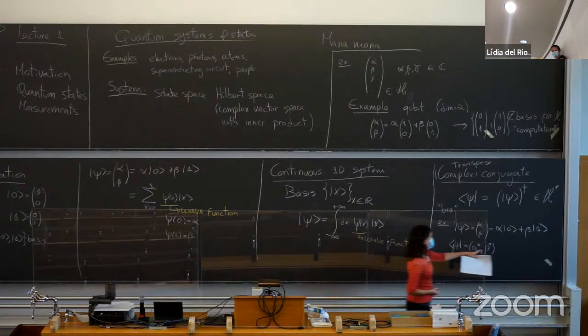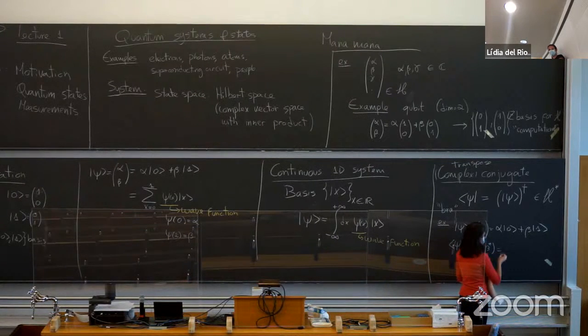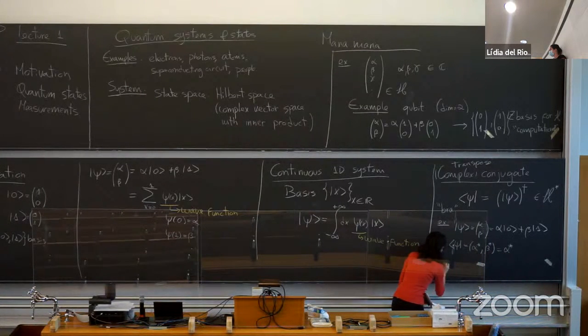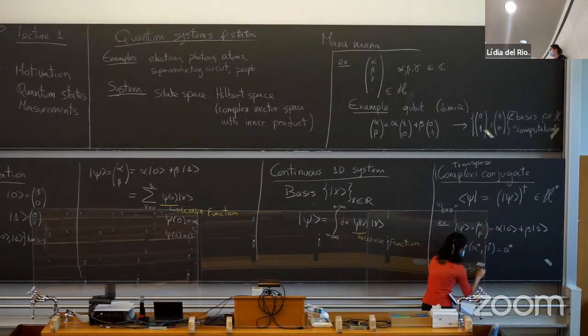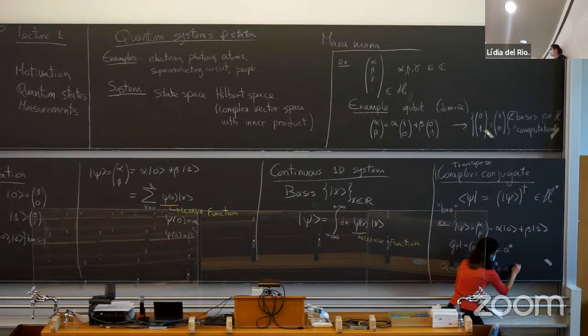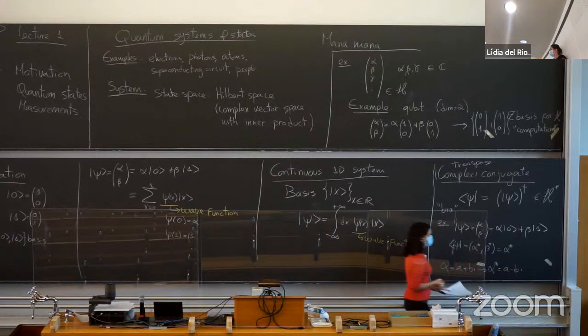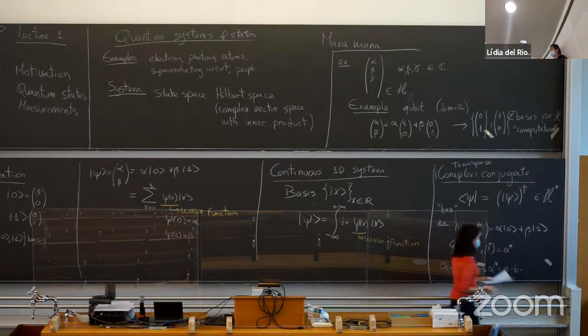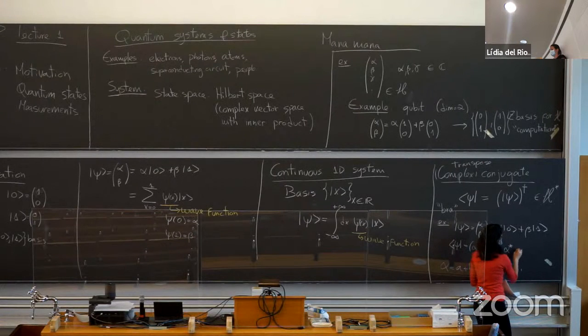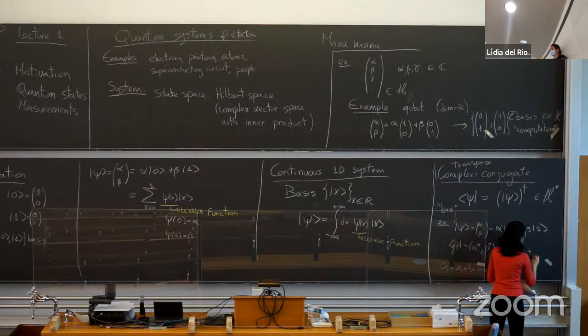And this you can write again as being the complex conjugate of alpha. And just so, if alpha is some number a plus bi, then alpha star is a minus bi. So this is alpha star <0| plus beta star <1|.